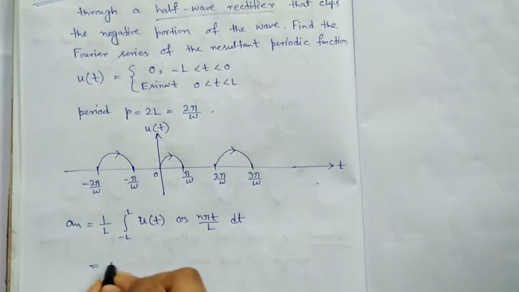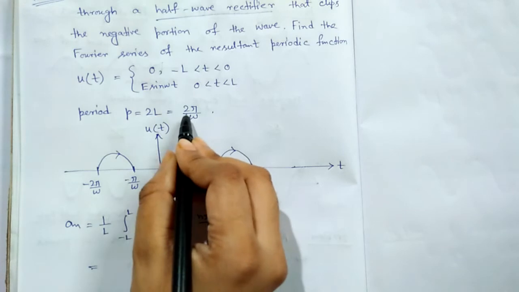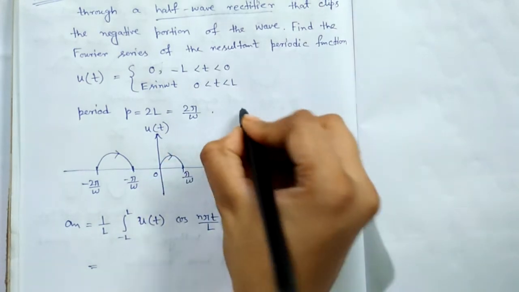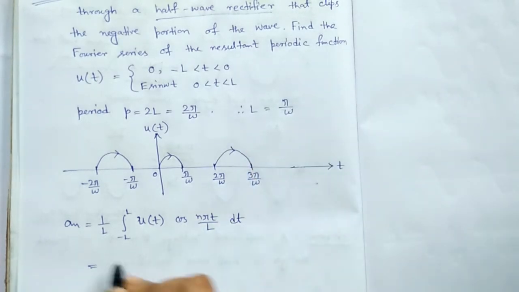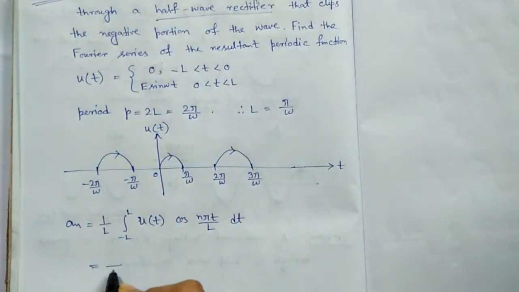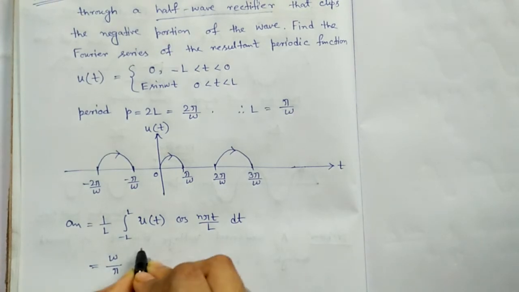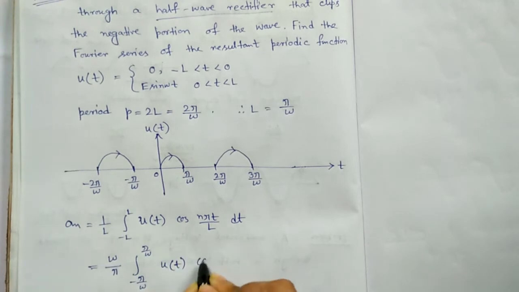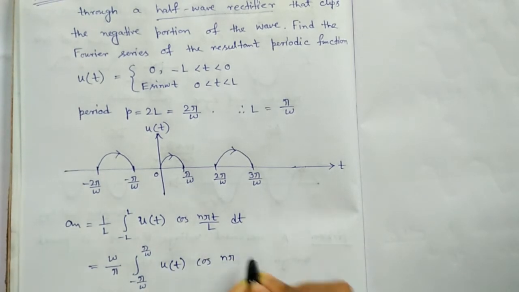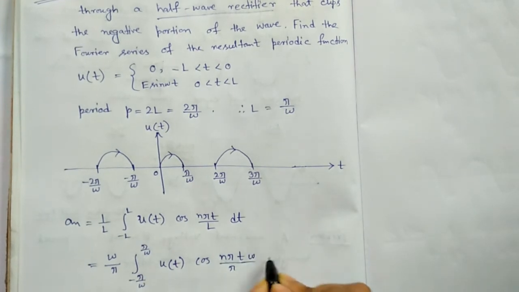This is equal to, now since 2L equal to 2 pi by omega, L is pi by omega. Put the value of L: integration minus pi by omega to pi by omega u(t) cos n pi t by pi by omega dt. So pi cancels out.